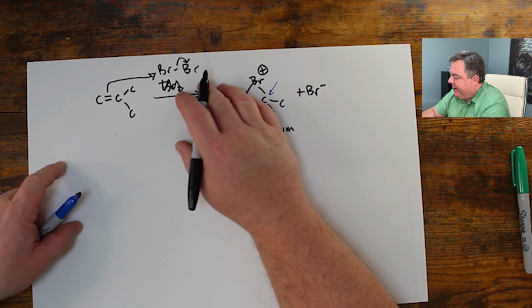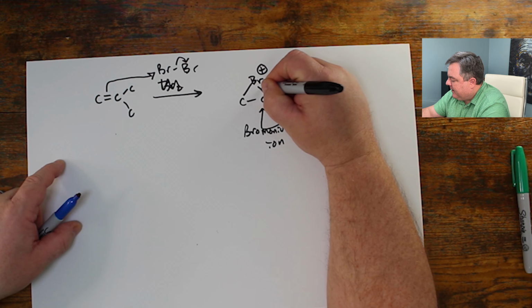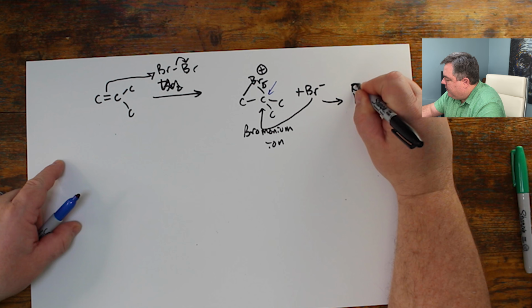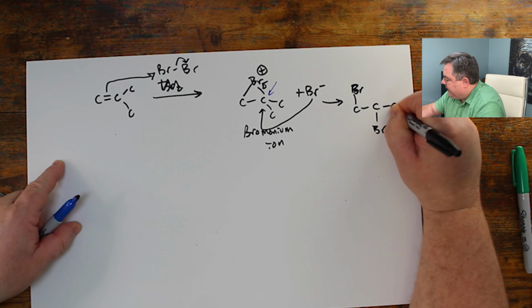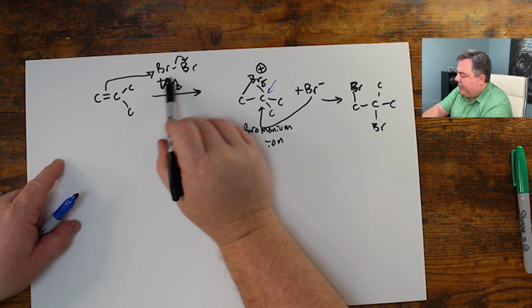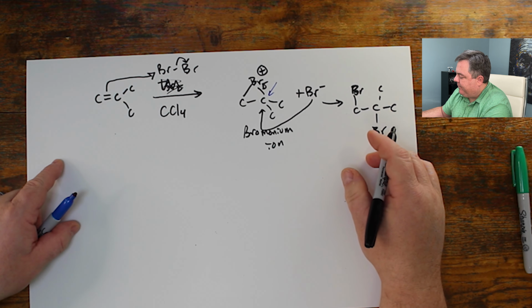When I only have Br2 in the reaction, this bromide would backside attack. The electrons will go up to that bromine to make this bromine compound, dibromide. And that happens if I run this with Br2 in some solvent that does not get involved.